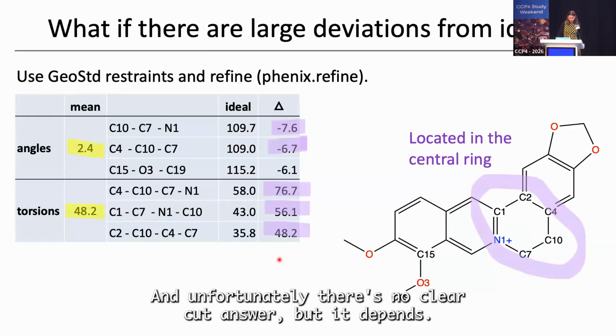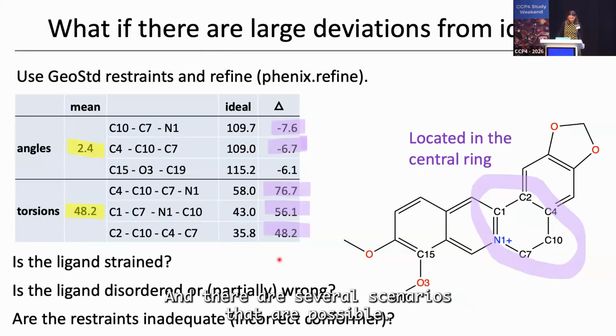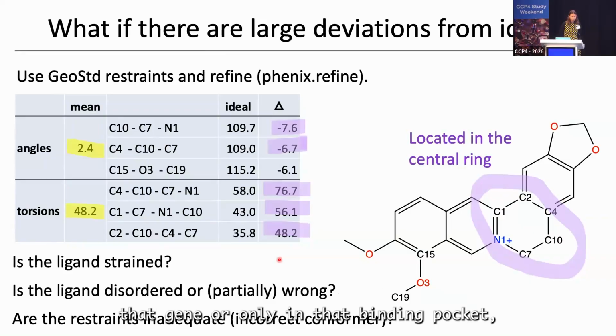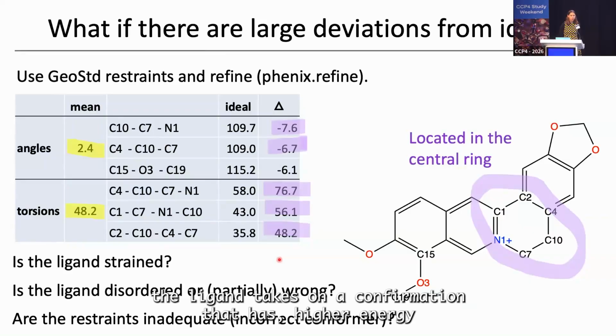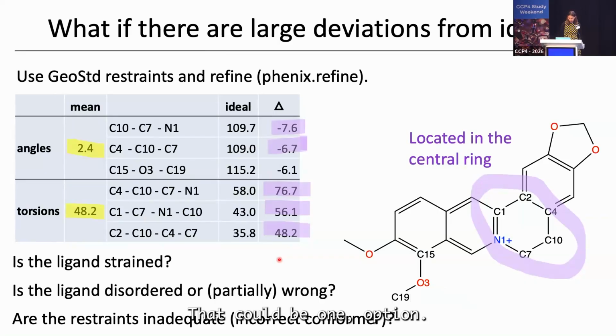Now, what can we learn from the fact that we have here large deviations? And unfortunately, there's no clear-cut answer. It depends. And there are several scenarios that are possible, right? So number one could be that the ligand is strained, that genuinely in that binding pocket, the ligand takes on a conformation that has higher energy, and probably that is then used by the protein to do its chemistry. That could be one option.